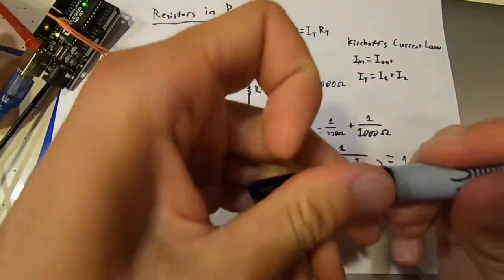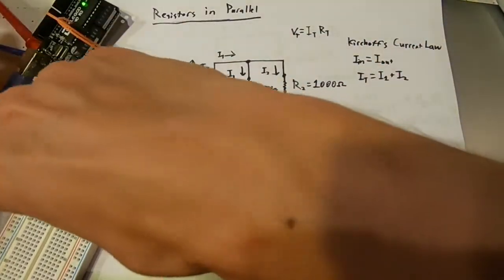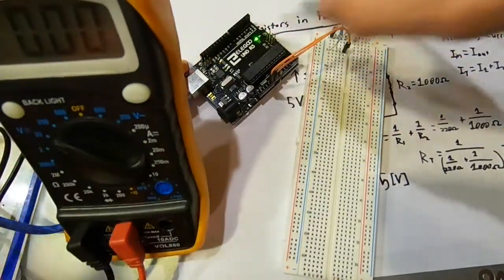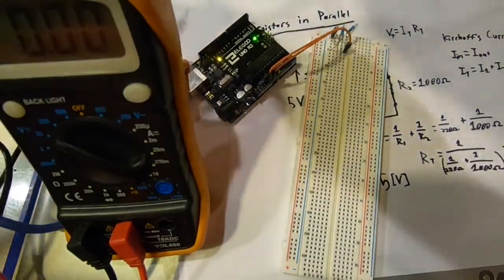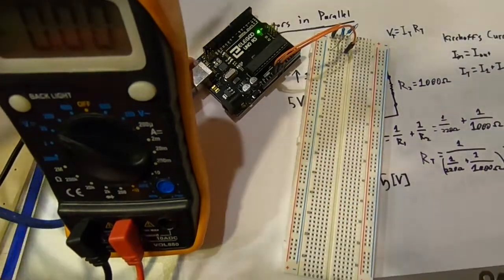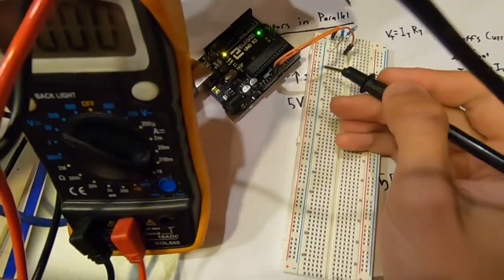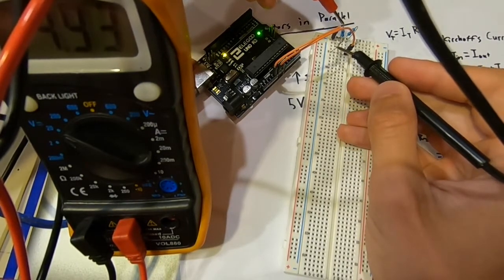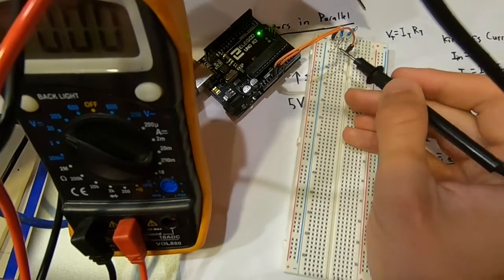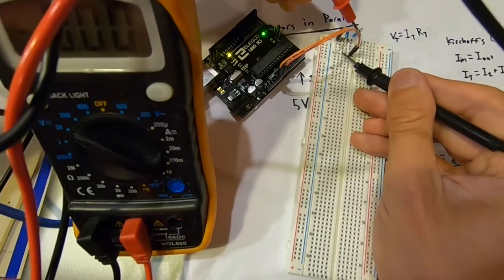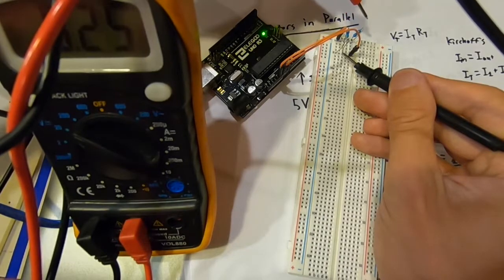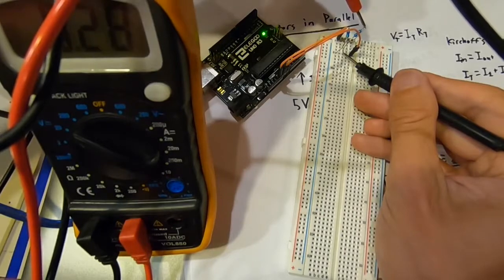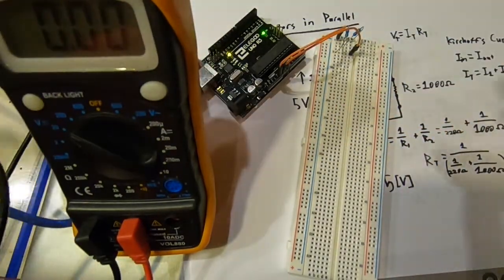And we can prove that here using our multimeter. Right, so we got R1, approximately 5 volts, R2, again approximately 5 volts, 4.9, whatever, close enough.